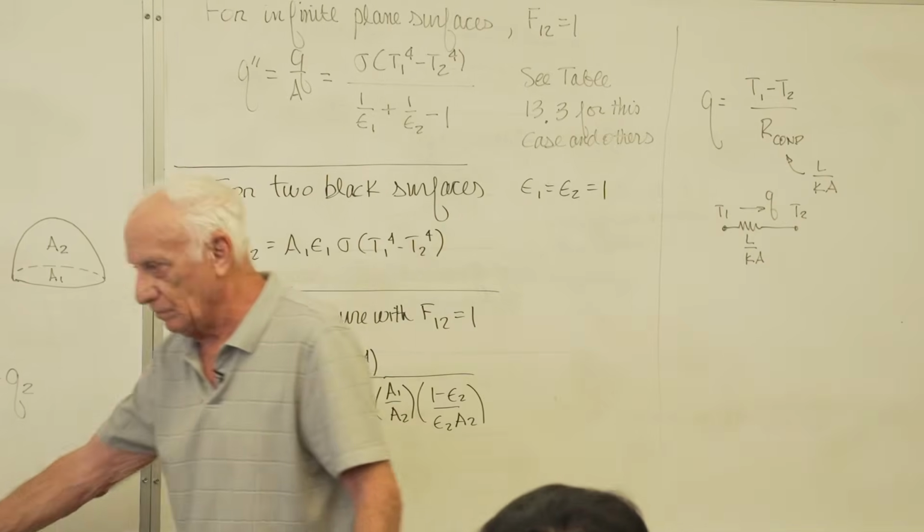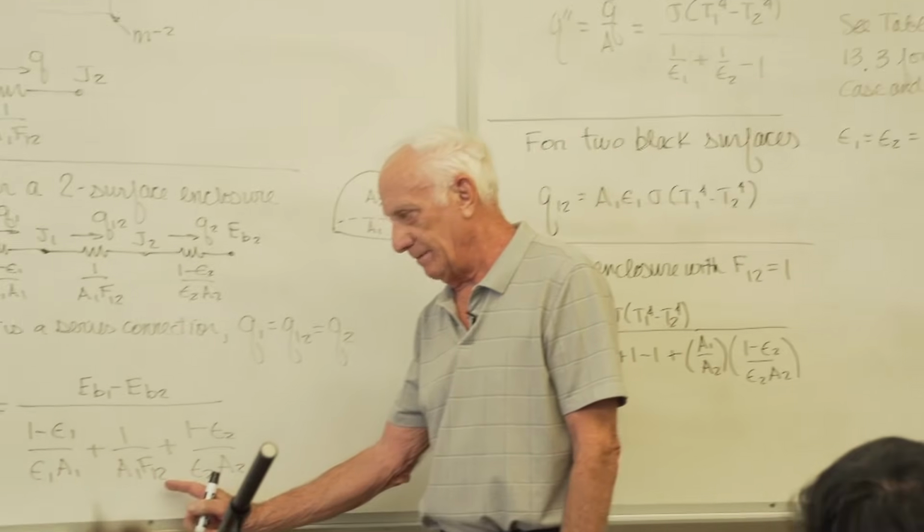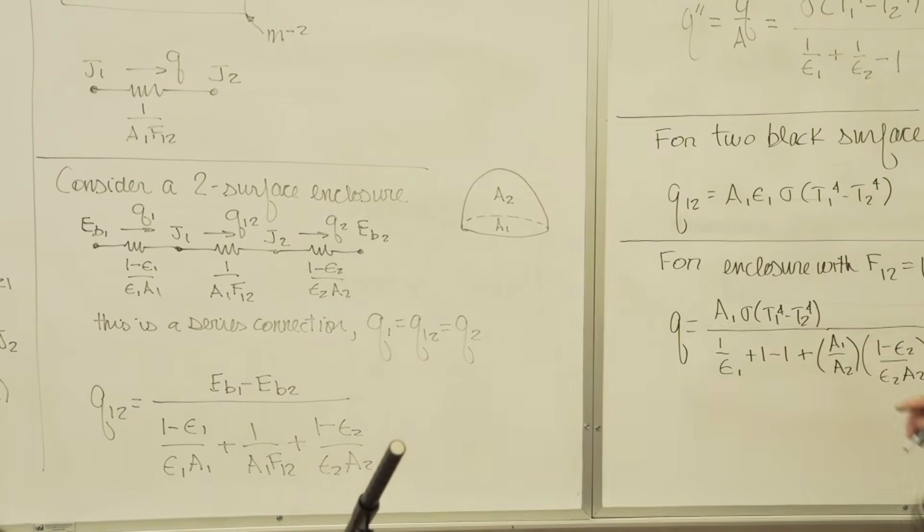Let F12 be 1. Multiply and divide by A1, and you end up with this expression.